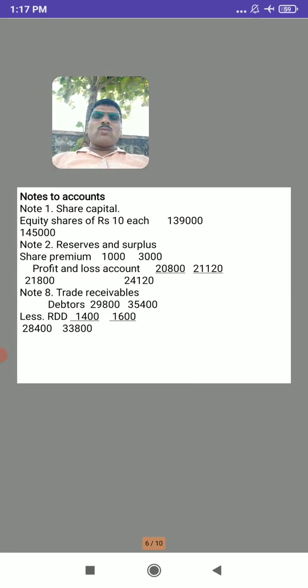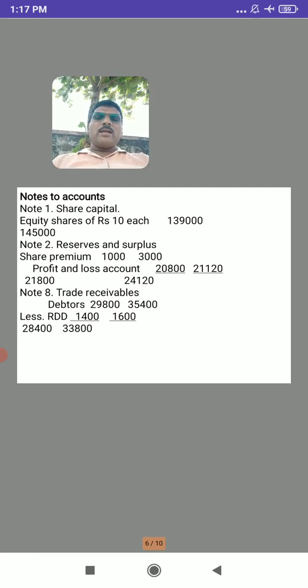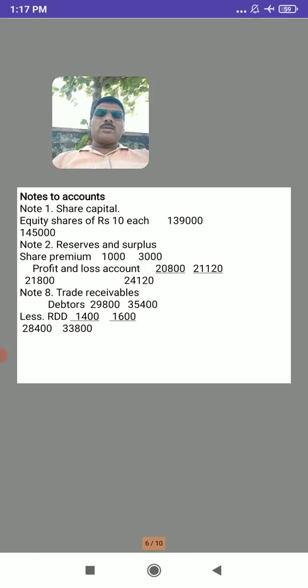As per note 1, the share capital, here under the share capital the shares are equity shares of rupees 10 each. So every share is with the face value of rupees 10. In 2016 it is 1,39,000 and in 2017 1,45,000. As per note 2, reserves and surplus, here share premium in 2016 is 1,000 and in 2017 is 3,000.